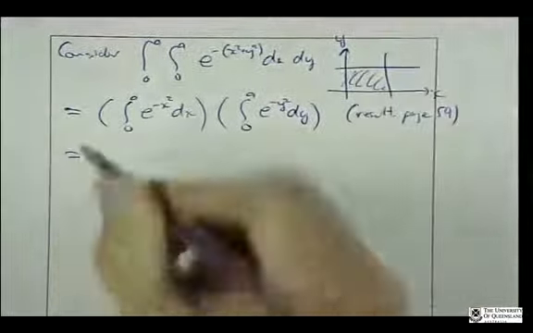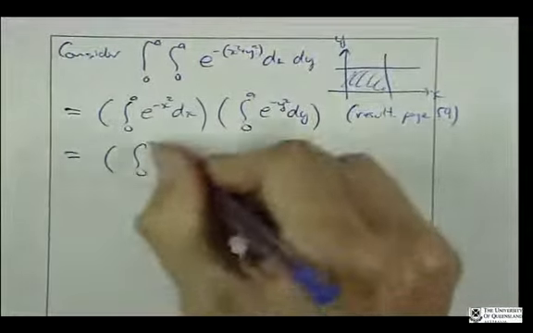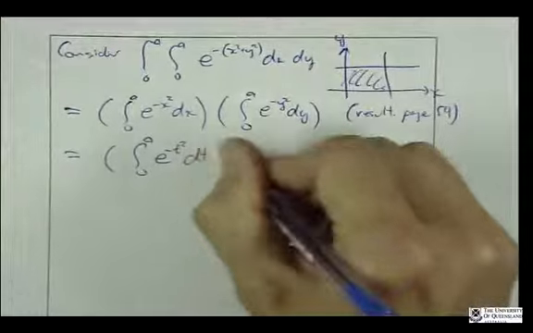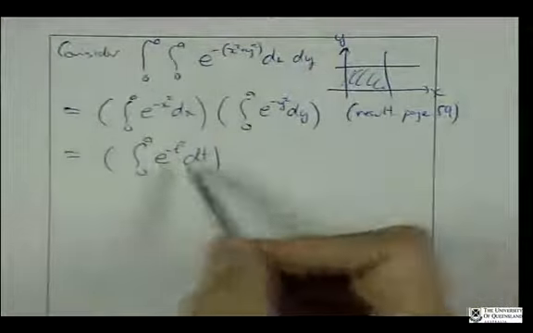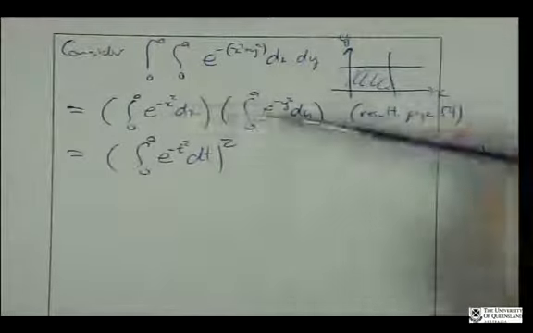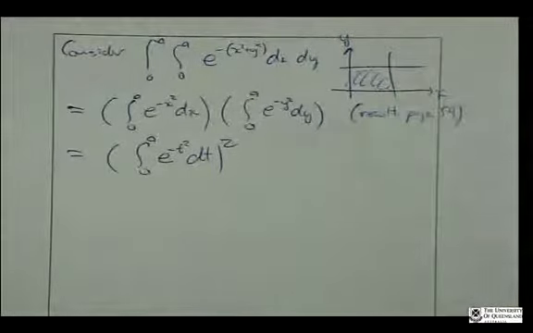And then this is just going to be equal to the integral from 0 to a of, doesn't matter what I call this, I can call it t if I want, integral of e to the negative t squared dt all squared. So it doesn't really matter what I call it, but it's just going to be that same number multiplied by itself, which is just that number squared.